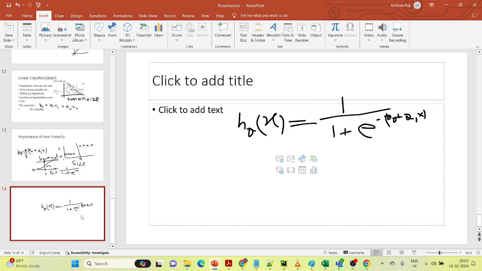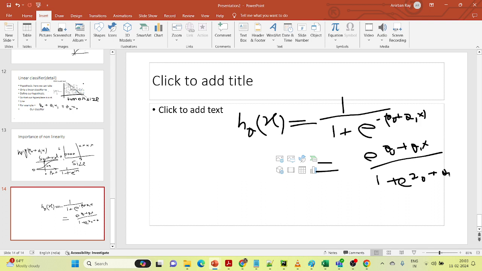In that case, we can write this by multiplying numerator and denominator by e to the power this. So we get theta transpose plus theta 1 x.